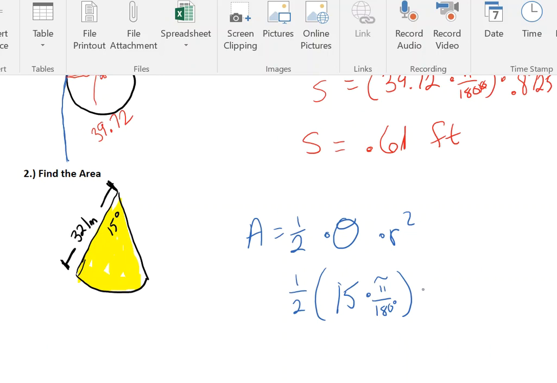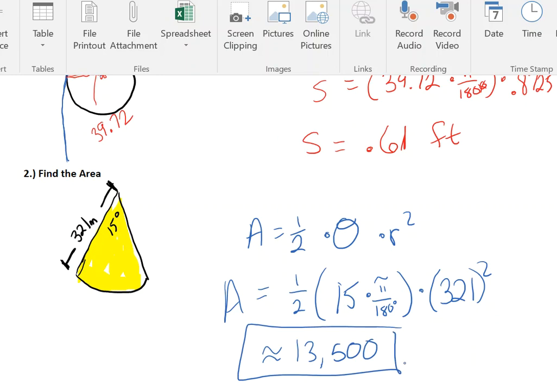And then the radius is 321. And then we got to square that. So again, you can use your calculators. I'm going to put this into my calculator and we're going to get approximately 13,500. And then this should be actually square units because it is referring to an area.